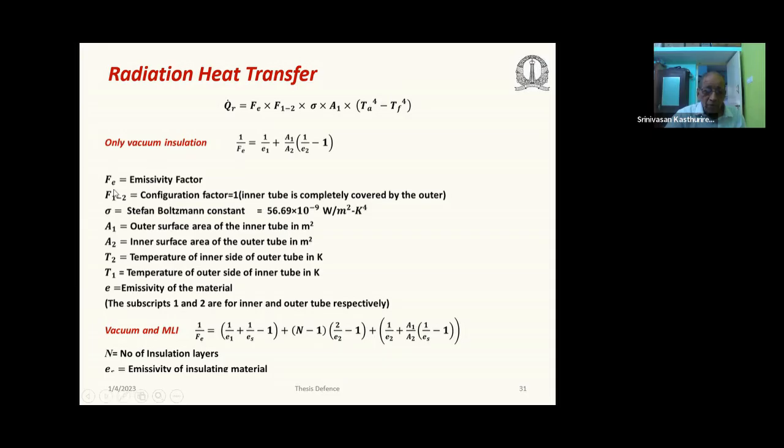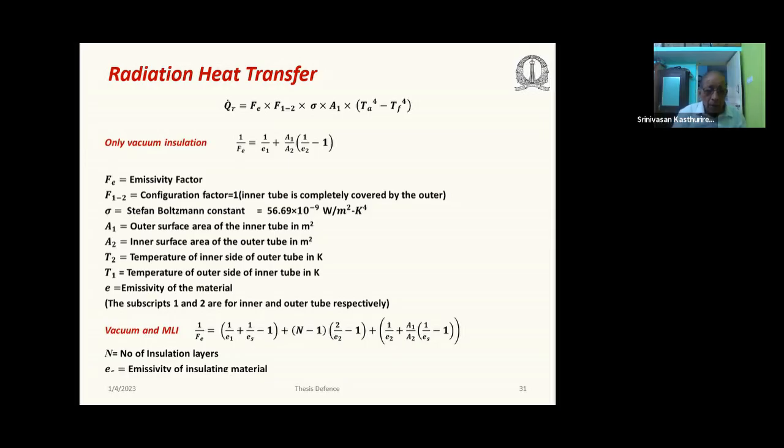It is multiplied by the factor Fe, which is called the emissivity factor, and then a configuration factor F12, then the sigma, which is the Stefan-Boltzmann constant, and then A1, which is the outer surface area of the inner tube, multiplied by T2 to the power 4 minus T1 to the power 4. So radiation heat transfer depends on the absolute temperature to the power 4. That's what you are seeing here.